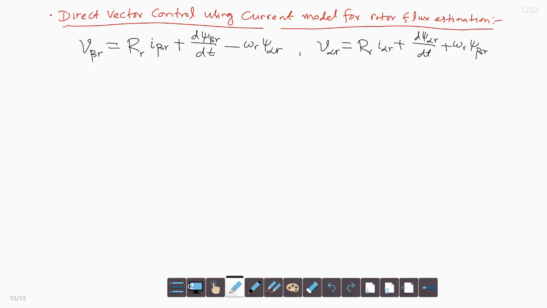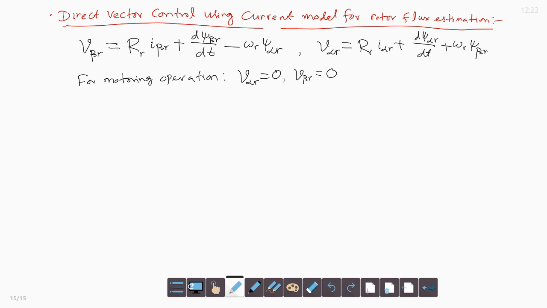And also we have, for motoring operation, as the rotor circuit is closed, V alpha R is 0, V beta R is 0, because the rotor winding has to be closed for motor operation.